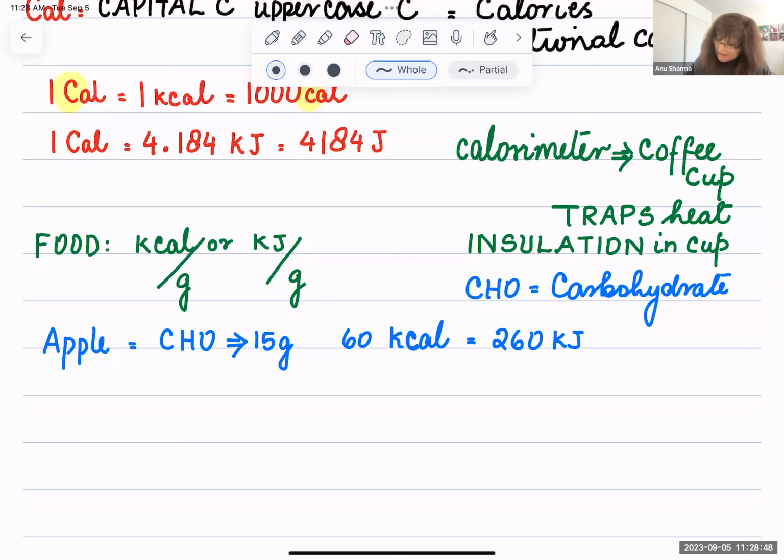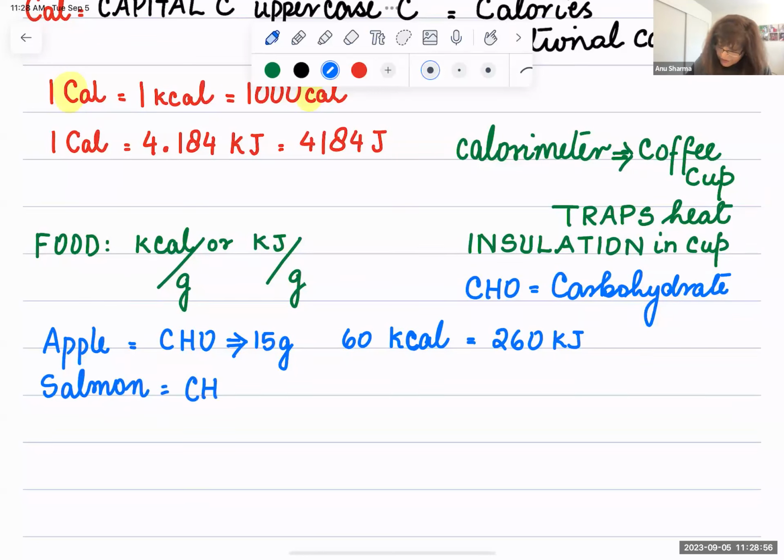Okay, let's do salmon, fish. So what does the salmon have? The amount of carbohydrates present in salmon is 0 grams. What else is present? Fat. Fat present in salmon is about 5 grams. 3 ounces of salmon contains 5 grams of fat.